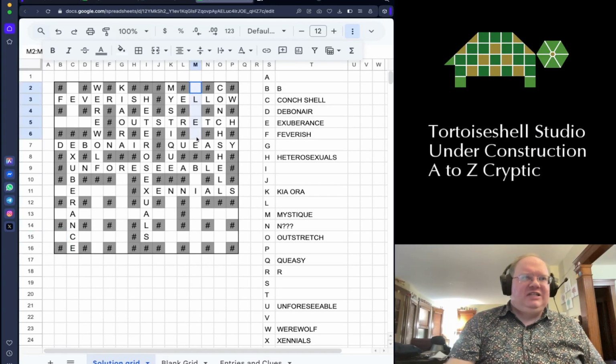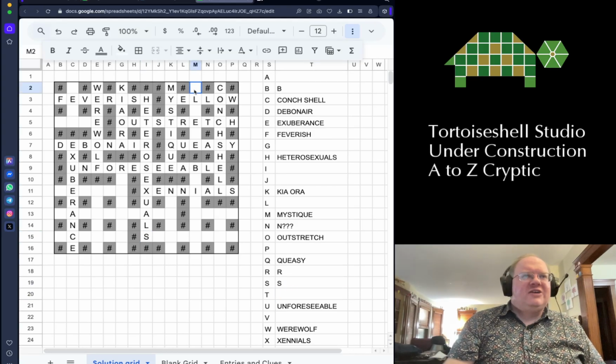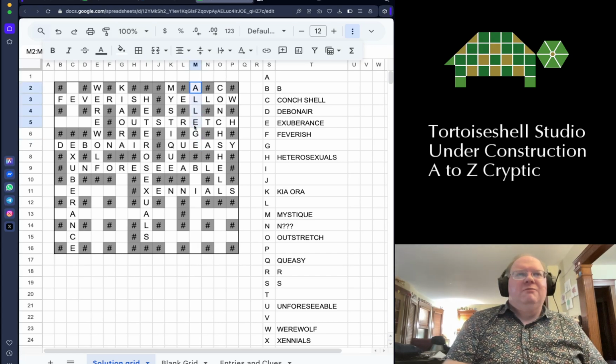And this has to be an A or an S. Oh, I completely missed that we have an S that is forced by heterosexuals. Of all the things that heterosexuals impose upon others, I was not anticipating the letter S.